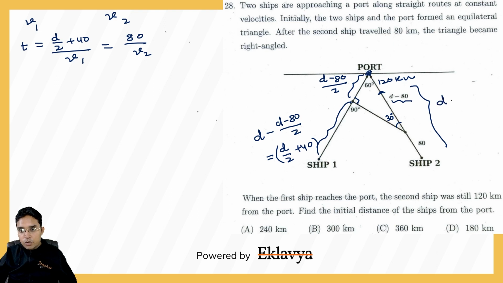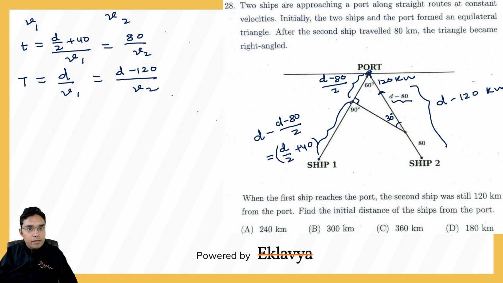That means this would have traveled only d minus 120 kilometer. Suppose this is the time capital T in which ship 1 has reached this port, and it will be d upon v1, and this should be equal to d minus 120 upon v2, because this ship 2 has traveled d minus 120 kilometer in the same time.